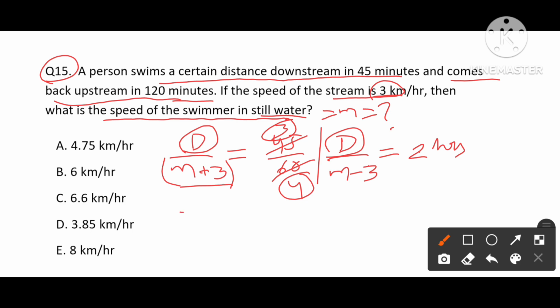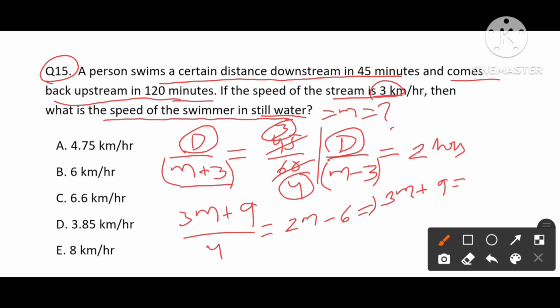So 3m plus 3 times 9 divided by 4 equals, here the distance will be m minus 3 into 2, which will be 2m minus 6. From this equation we have 3m plus 9 equals 2m minus 6, times 4 gives 24.